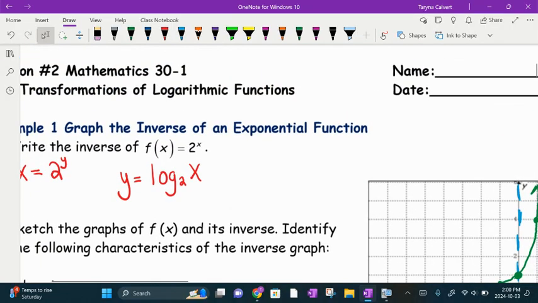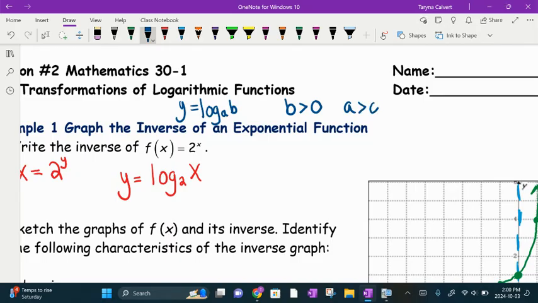When you have a log graph, guys, not that those variables matter, we know that b has to be greater than 0, and a has to be greater than 0, but there's another restriction. It does have to be greater than 0, but there's one number it can't be. We didn't talk about this yesterday, but now that you can see the graph, I'm going to add it in there.